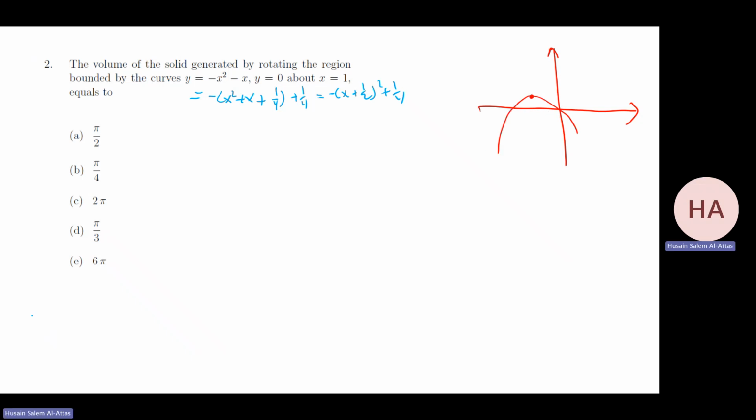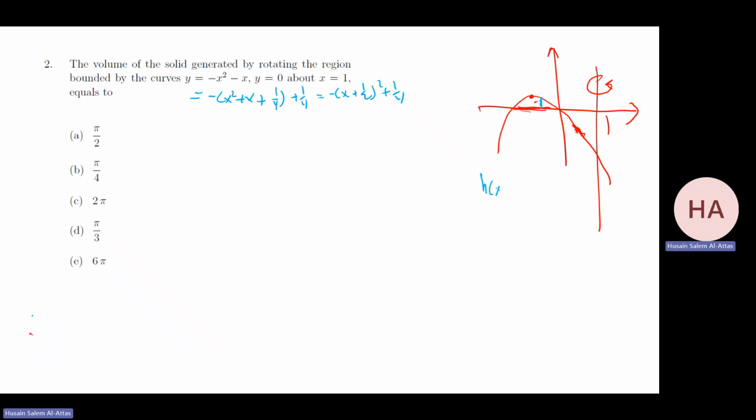Okay. And what is the axis of revolution? x equal 1. That will be my x equal 1. That will be my axis of revolution. y equals 0, I have the x-axis. So I'm talking about this region. Okay. And I'll draw my line perpendicular to the axis of revolution. That will be this one.